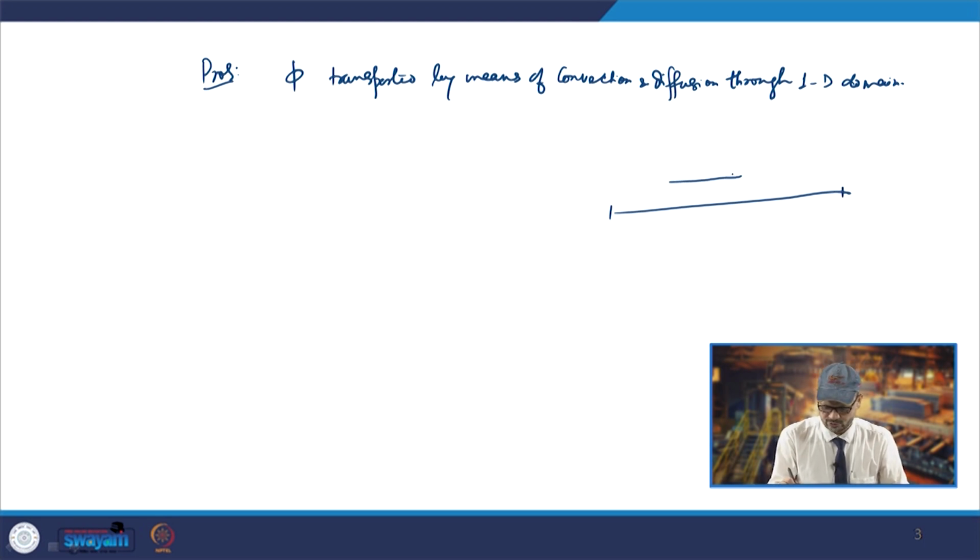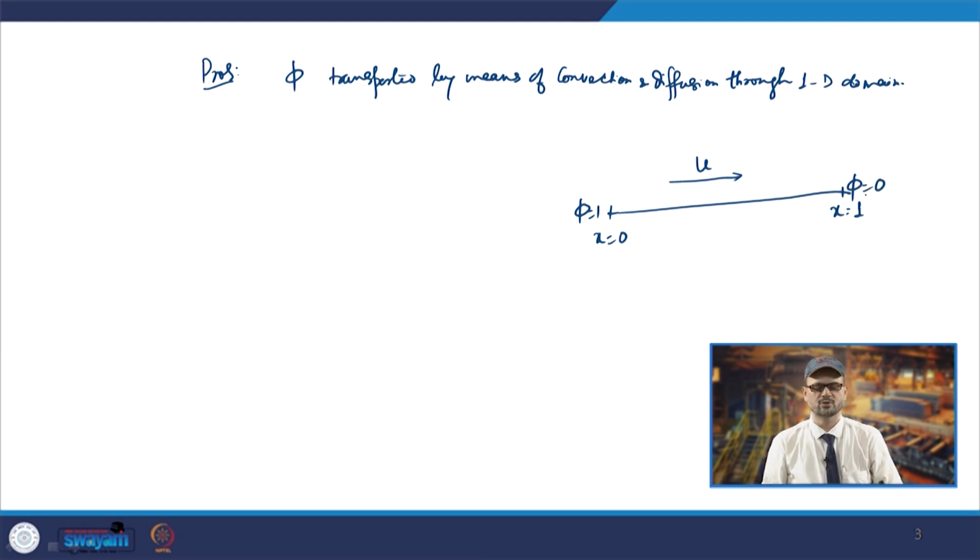Now, your u is in this direction. Here x is 0 at this end and x is 1 at the other end, and the value of phi is taken as 1 at this end, and 0 at this end.